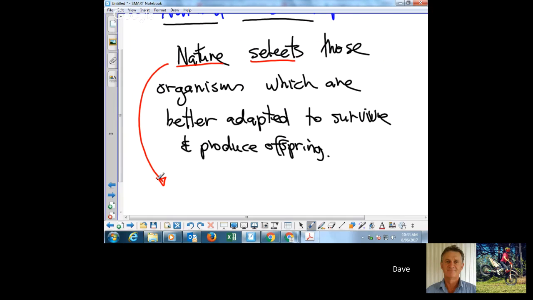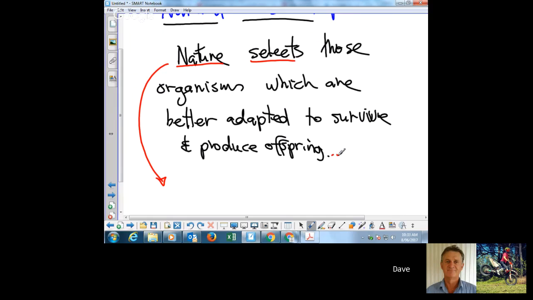That nature will start deciding which organisms are going to survive and which will maybe die off. Something's got to happen in nature. Nature is found in the environment.